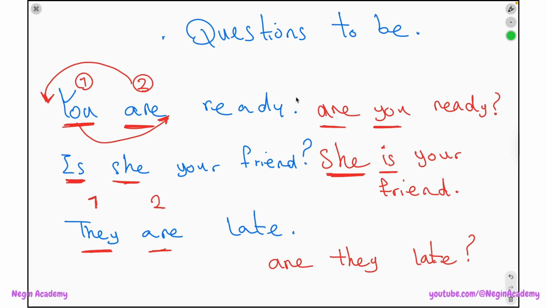The reason why I write all of them in lowercase is only to show you the question format of these sentences. But when it comes to formal writing, you have to write them in capital letters, etc. Okay, now let's look at how we can answer these questions.